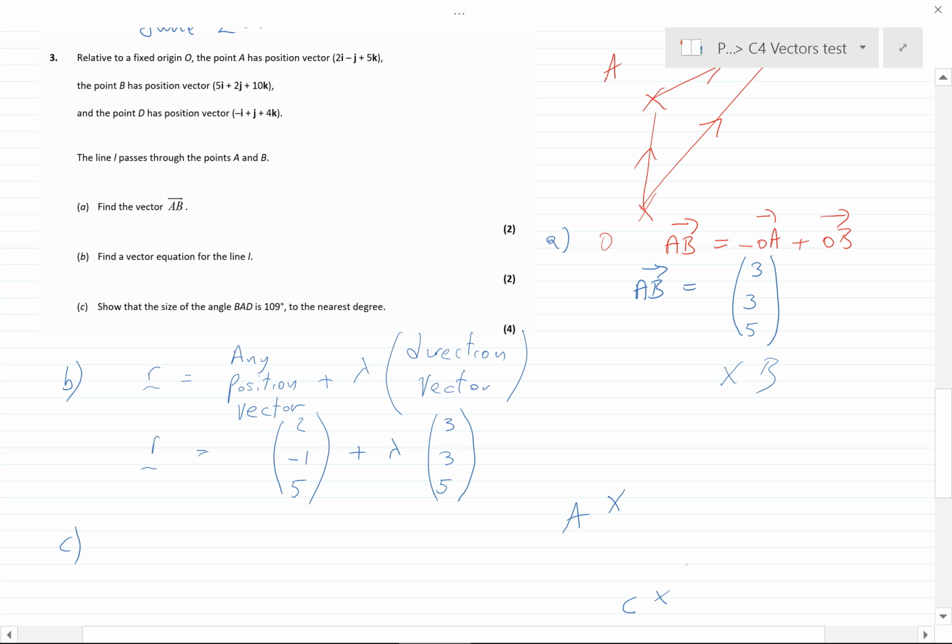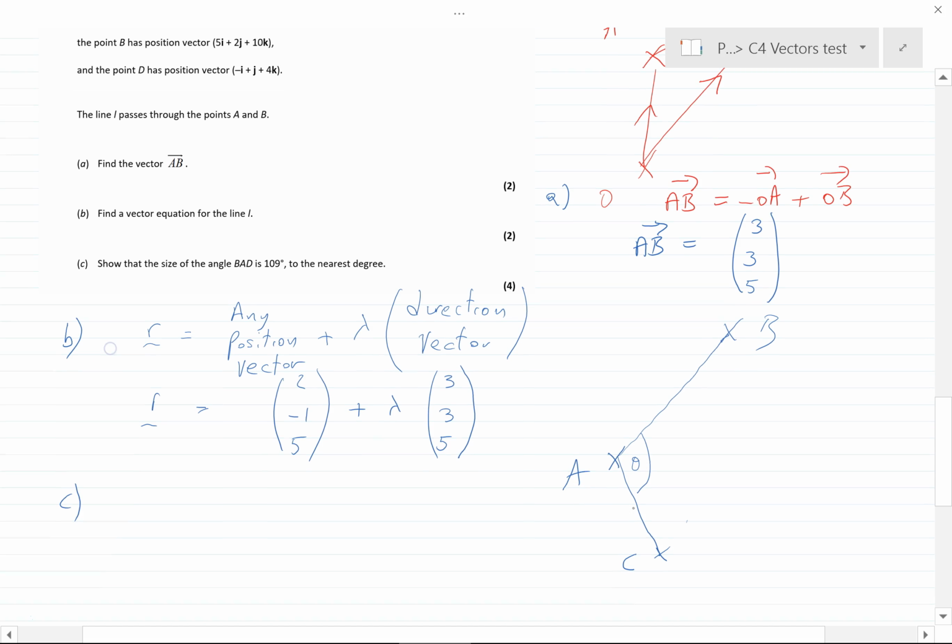Right, and it wants us to work out this angle. So we need to make sure that we get directions right. So let's have them both going outwards like that, so that they're in the right directions, because we need to show it's 109. It's no good just to kind of fiddle it. We've got to show what the vectors are.